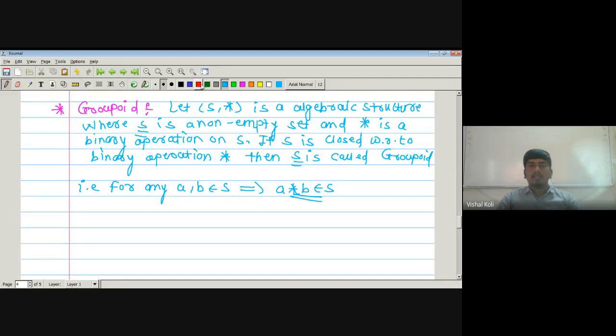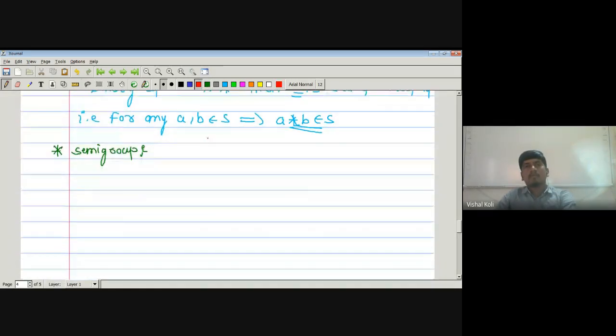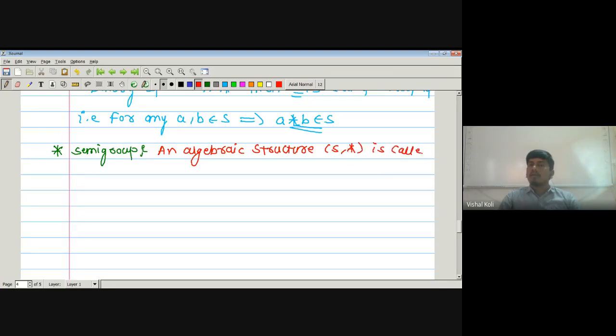After that, next will be semigroup. An algebraic structure S with binary operation star is called a semigroup if it holds the following properties.